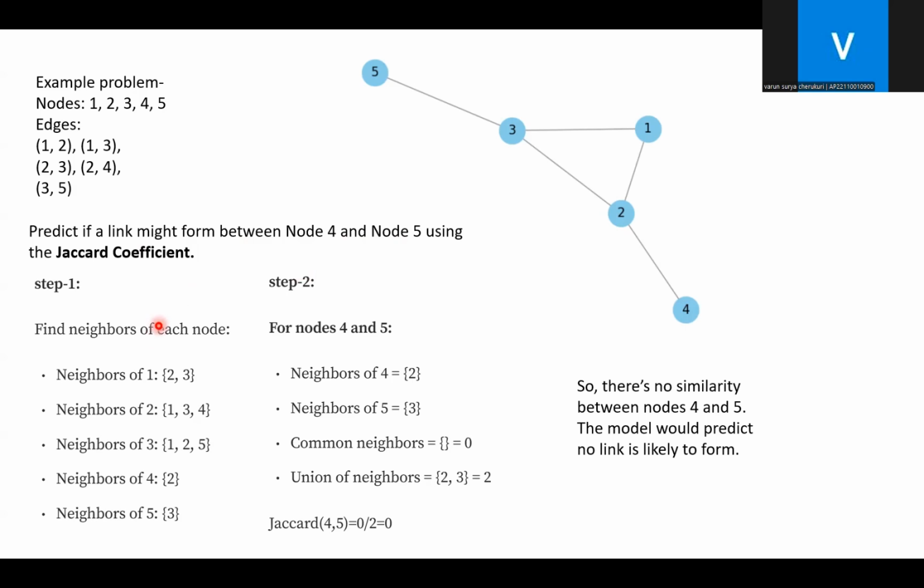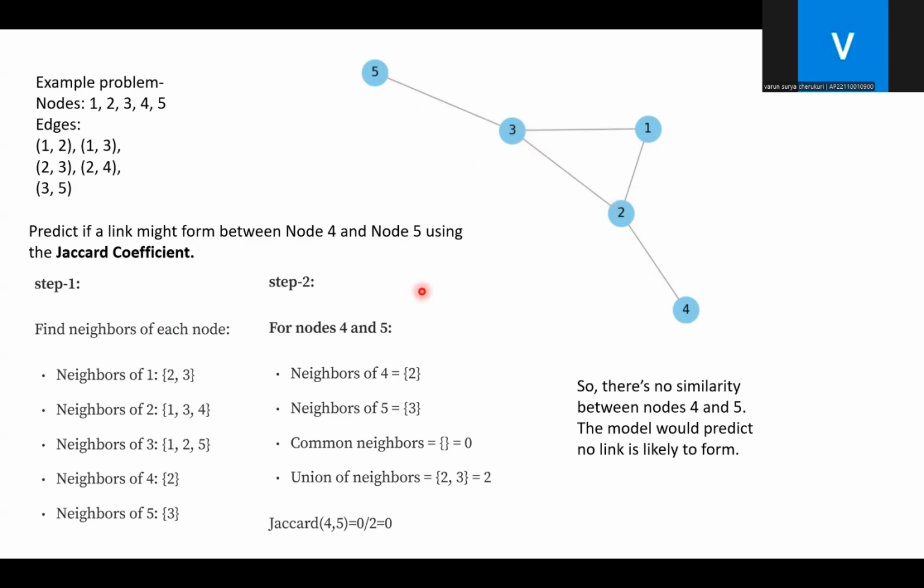First step, we have to find the neighbors of all nodes. For node 1, neighbors are 2 and 3. For node 2, neighbors are 4, 1 and 3. Neighbors of node 3 are 5, 1 and 2. Neighbors of 4 is 2, and neighbors of 5 is 3.